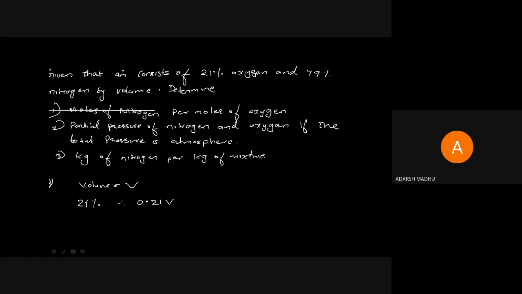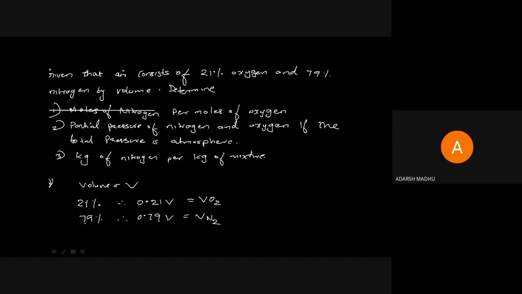Therefore, 0.21 V is the volume of oxygen, VO2. Nitrogen is 79%, therefore 0.79 of V. Therefore, 0.79 V is VN2.